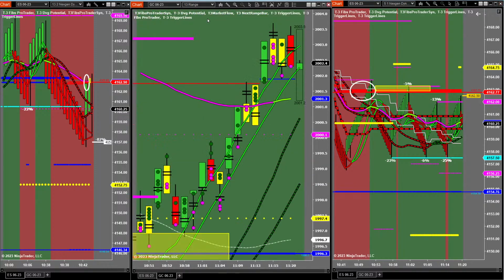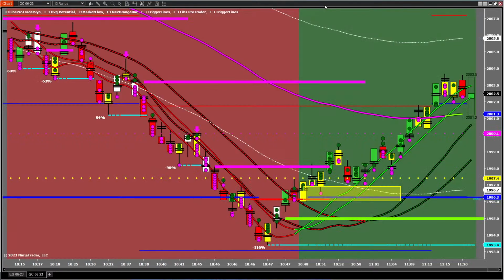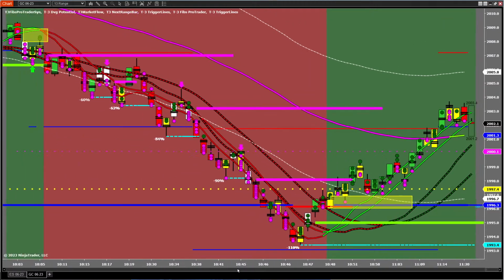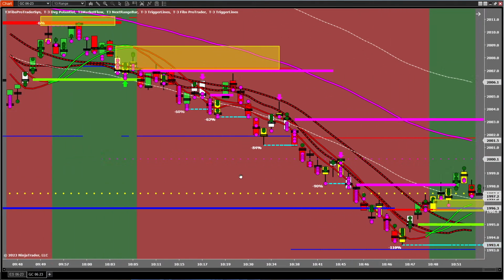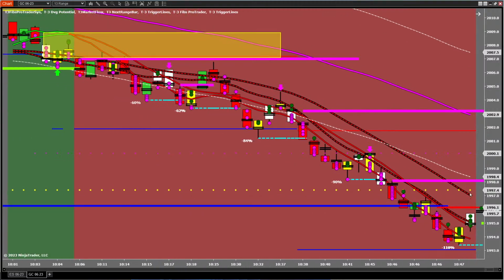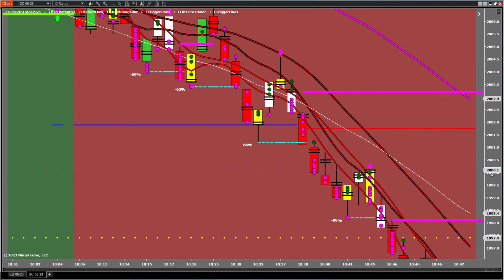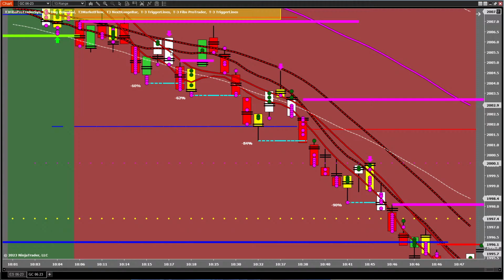All right, so let's take a look at our gold just for fun. And again, look, it's really easy to see that we were talking about a top and then potential short trades. Yes. And again, this is a much more volatile version of what we're looking at in the S&P.